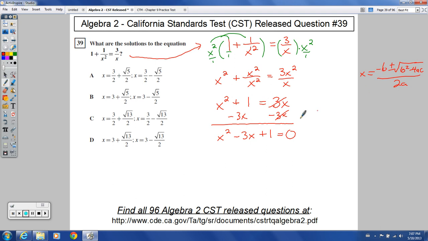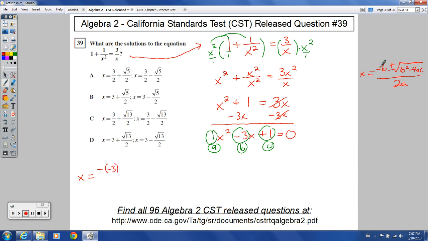Alright, so we're using this, and we're going to plug in our values here. This time we have 1 for a, the number in front of the x squared, and then we have b as -3, and we have c as +1. So let's plug those things in. I'll work that out over here. So x is going to equal negative of -3.